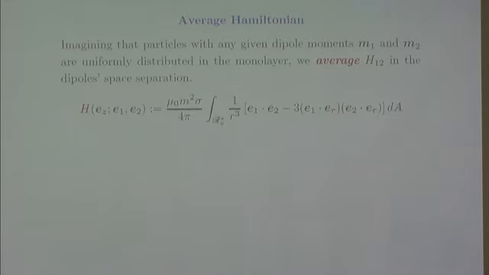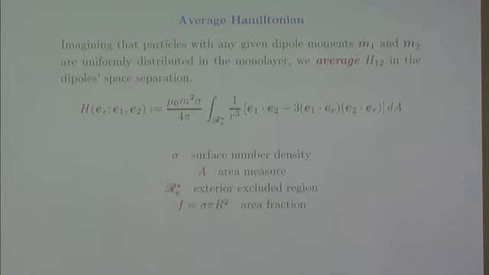I needed to stress this once more. This is the expression that you get by taking this average under the assumption that the dipoles are uniformly distributed in space. So this sigma which arises out of this average is the surface number density. Big A here is the area, and this integral has to be taken in the exterior of the excluded region.